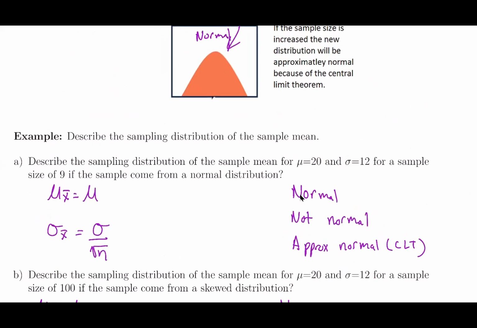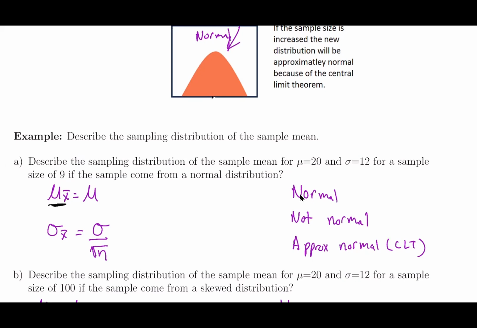So let's go ahead and read the problem. It says describe the sampling distribution of the sample mean for mu is equal to 20 and sigma is equal to 12 for a sample size of 9 if the sample comes from a normal distribution. The first thing we're going to find is what mu of x bar is equal to.